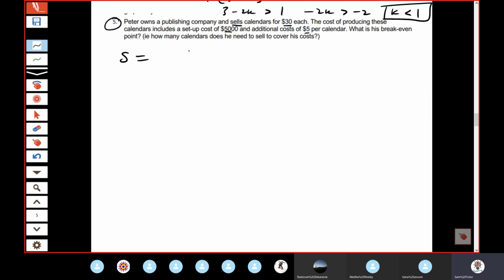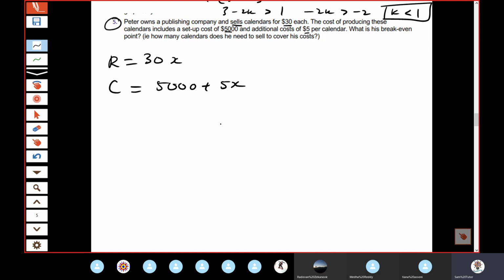Sell equals, I like to use R, because that's proper business terms. Revenue equals $30 times X. Would you agree with that? Revenue, the amount of money you make, is 30 times each calendar. The cost equals 5,000 plus 5X.